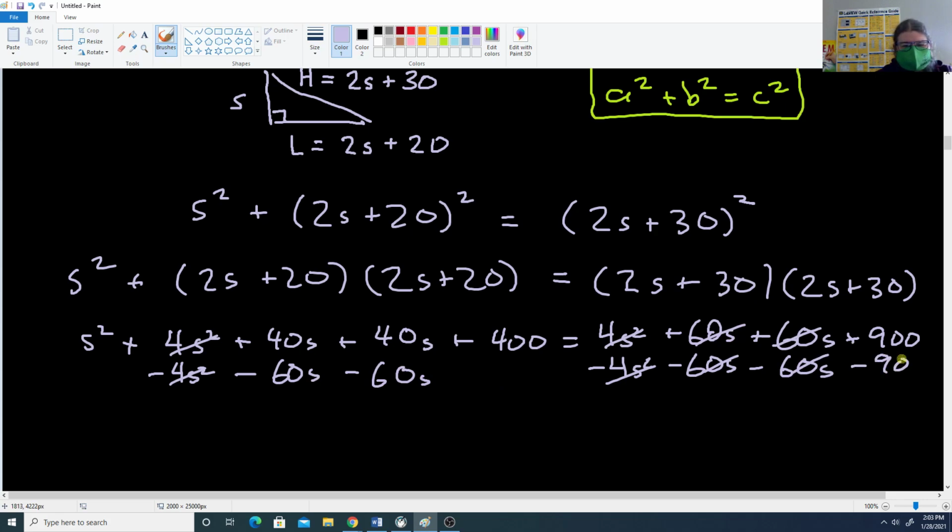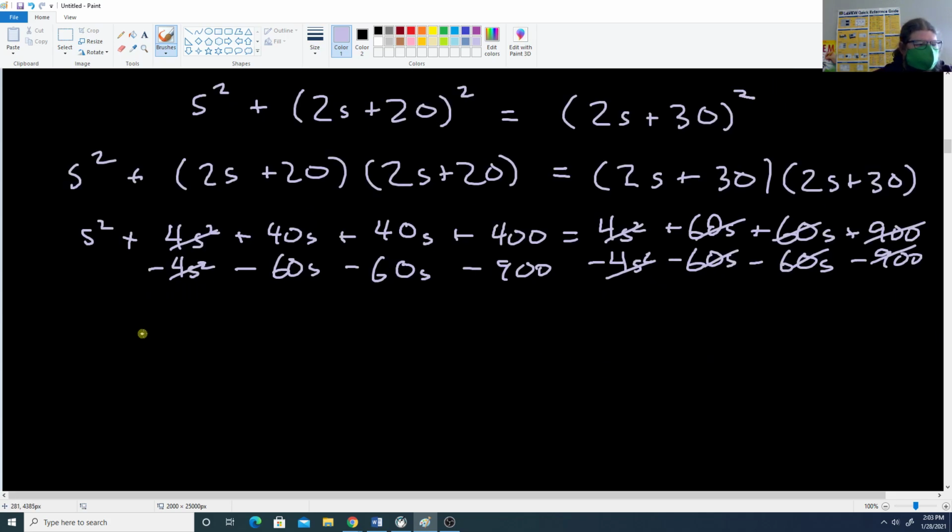Got minus 900. So if we look at what we're left with, we got S squared, plus 40 minus 60 is negative 20, plus 40 minus 60 is another negative 20, so two negative 20s make a negative 40S. 400 take away 900 is negative 500, and that all equals 0.